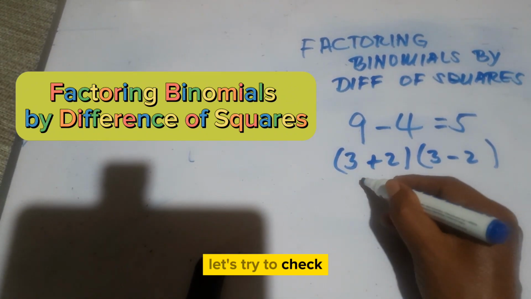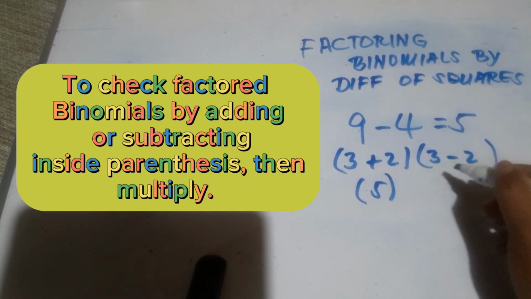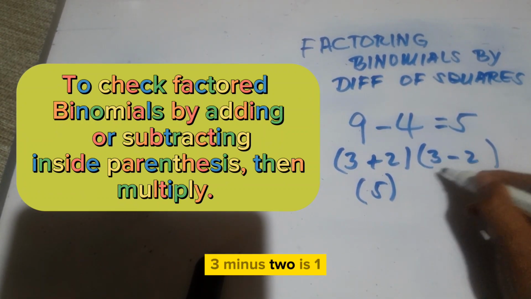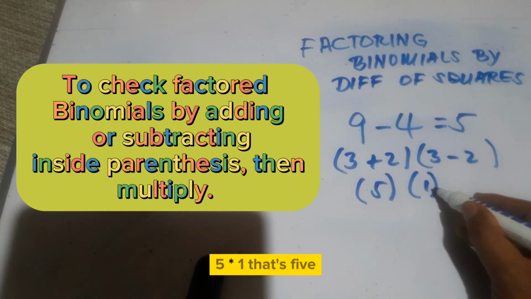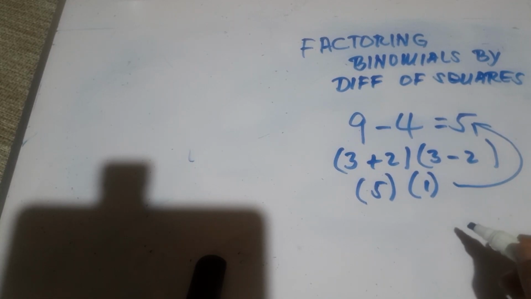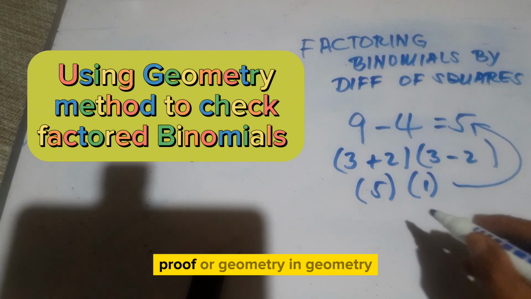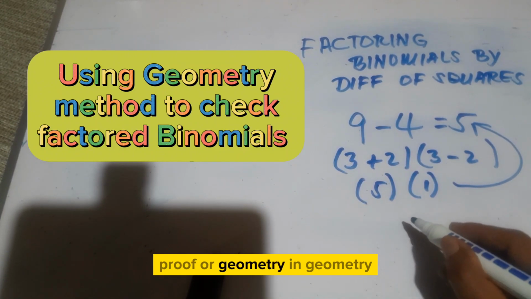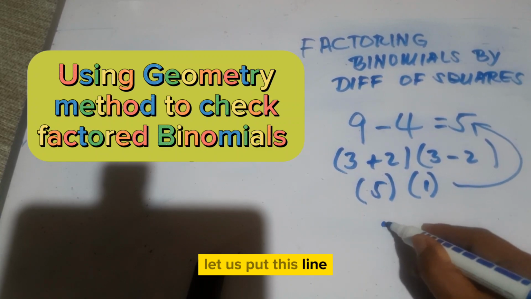Let's try to check. 3 plus 2 is 5. 3 minus 2 is 1. 5 times 1, that's 5. Let's check through geometric proof, or geometry. In geometry, let us put this line.